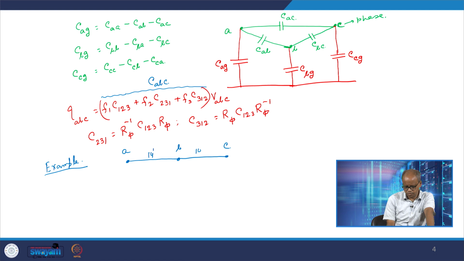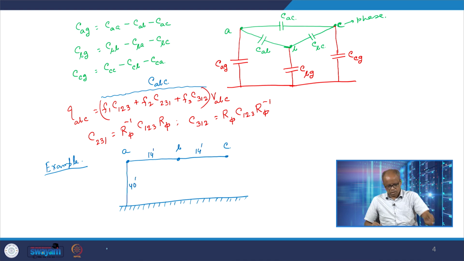This is also 14 feet, and this is ground. This distance is 40 feet. If this is the configuration, then I would like to find the capacitance matrix.